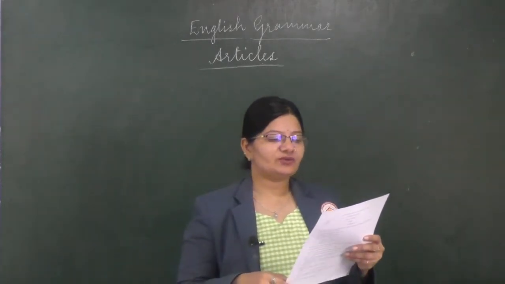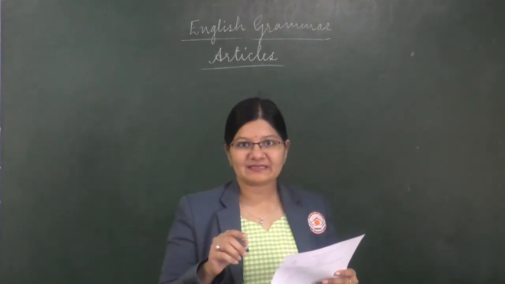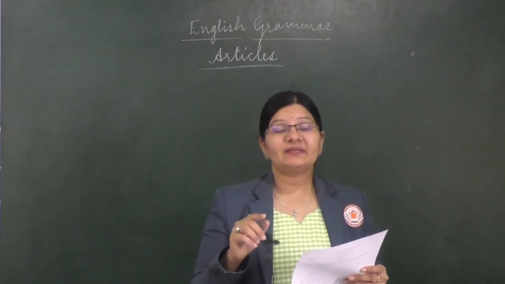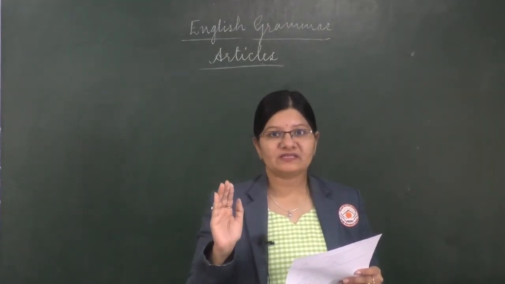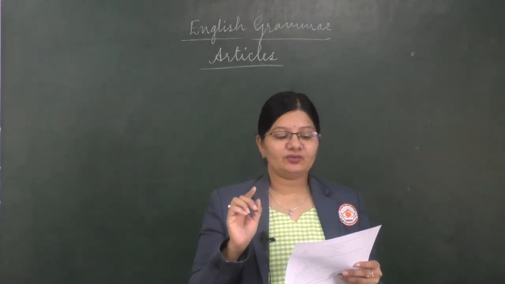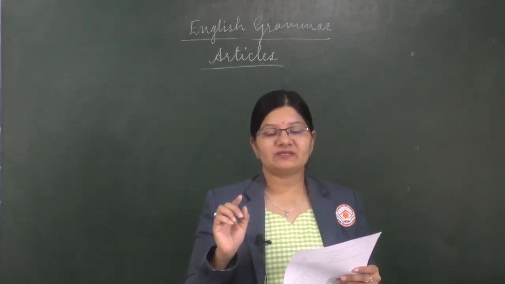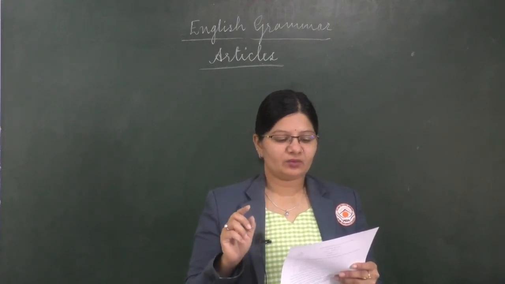So Neha has a university degree. In university, the vowel U is spelt, right? But the sound is Y-O-O, a U sound. So that's why we do not write an university degree, we write a university degree. So this is one-way road.